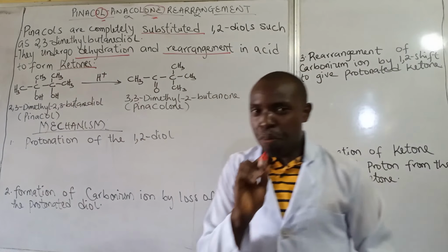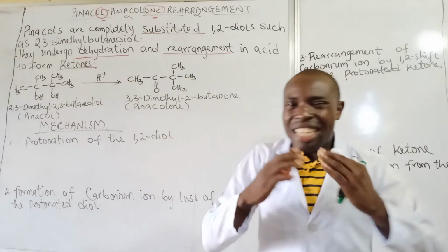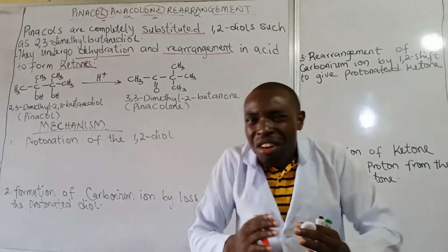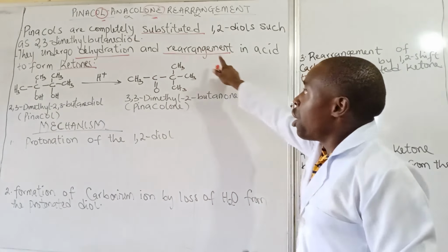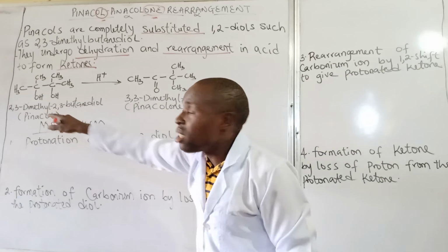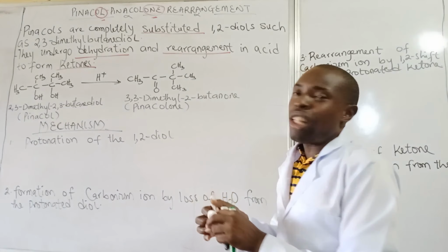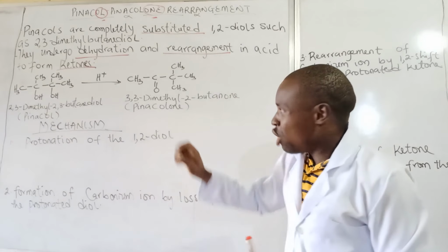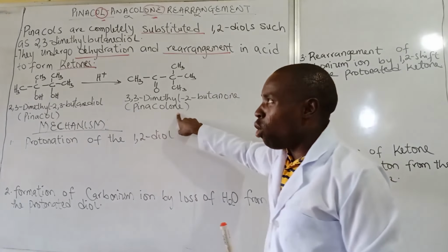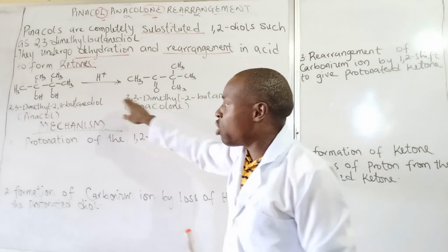Ketone. Meaning a pinacol-pinacolone rearrangement involves the dehydration and rearrangement of a pinacol in an acid condition in order to form a ketone, and that ketone is called the pinacolone. You can see the reaction right on the board.